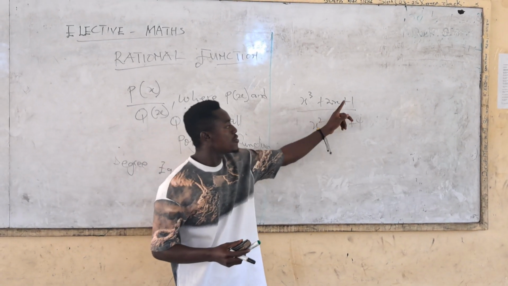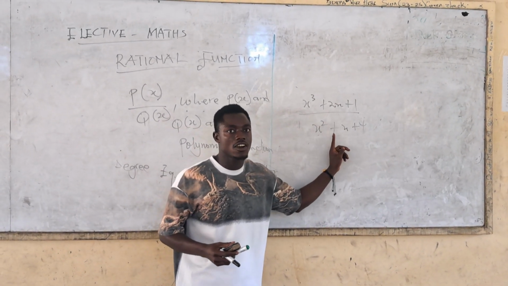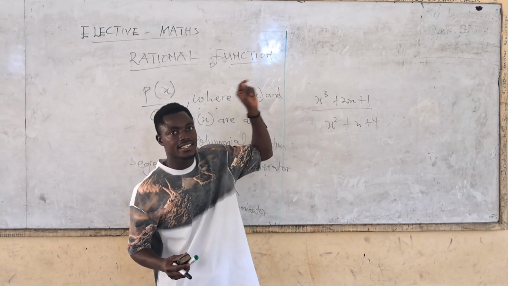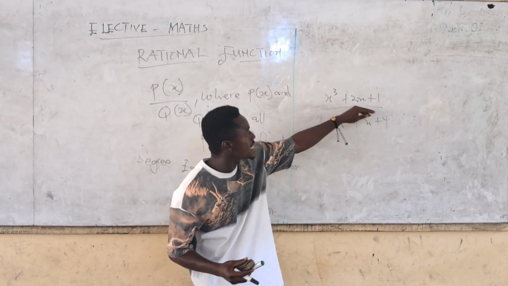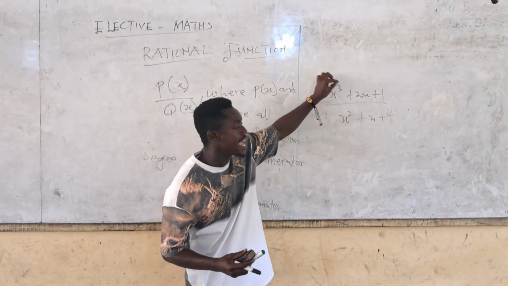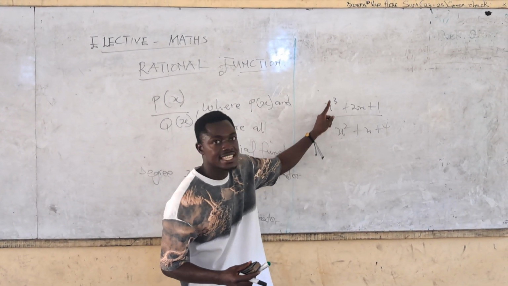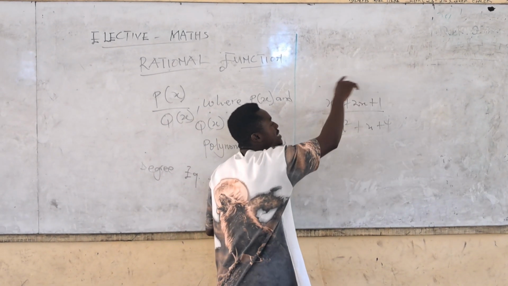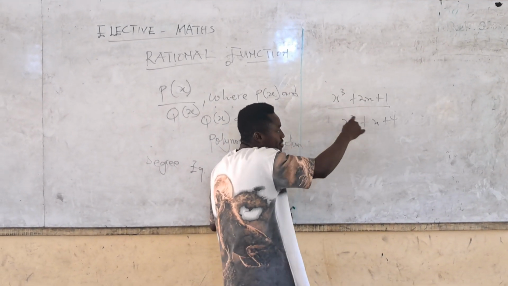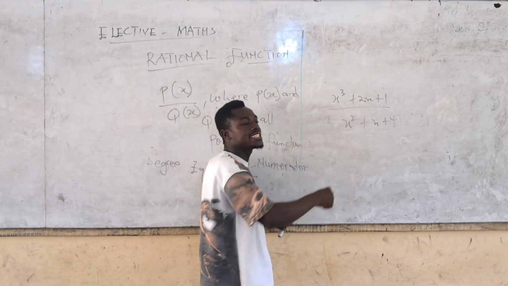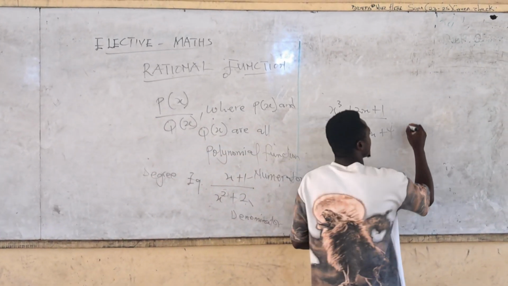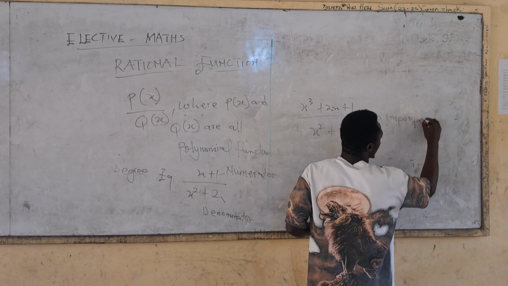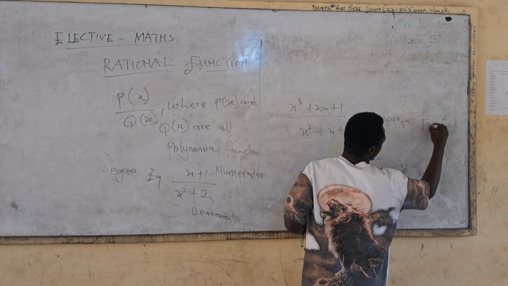We have the variable x here, and we have the variable x here, but let's check the one with the highest degree. The numerator has x to the power 3, which is greater than the power in the denominator. Because the degree of the numerator is greater than the degree of the denominator, it's an improper fraction.